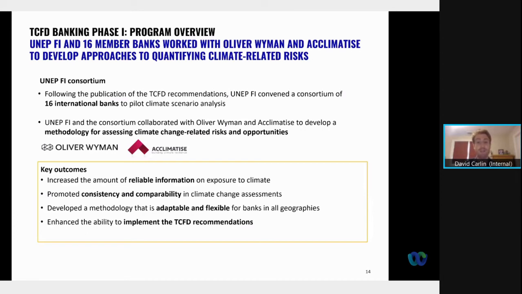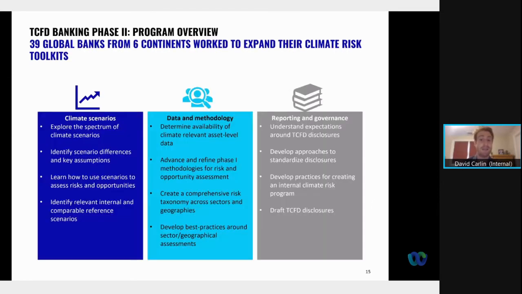If we go to the next page, we'll talk a little bit about the most recent completed pilot for banks, which was around exploring climate scenarios. As Maheen talked about at the beginning, it's about understanding those particular scenarios and how they have changed and evolved with greater refinement, greater detail, and new assumptions, and looking at what those scenarios mean for both physical and transition risks.